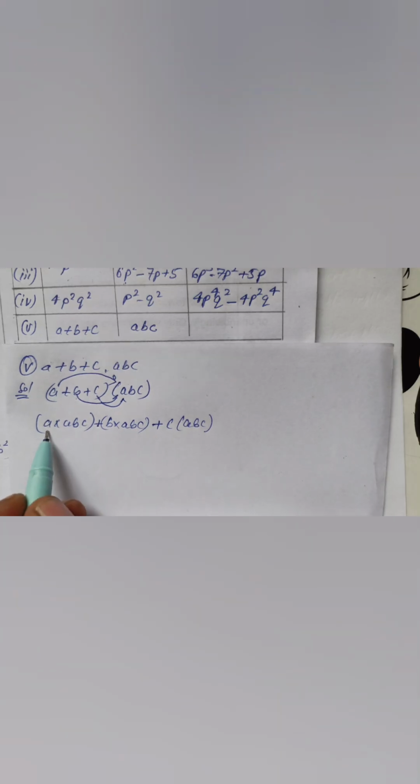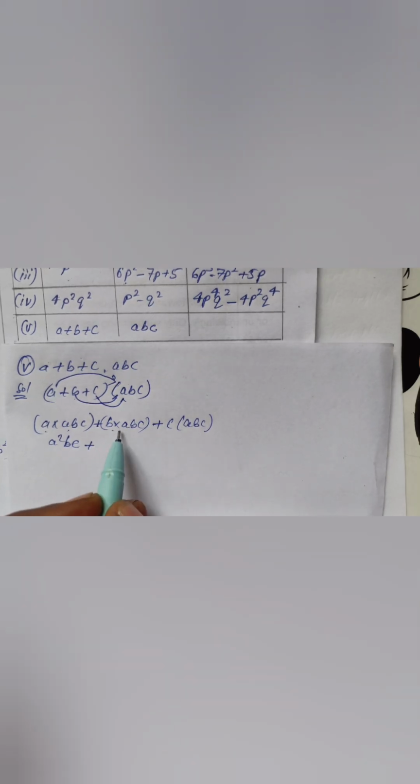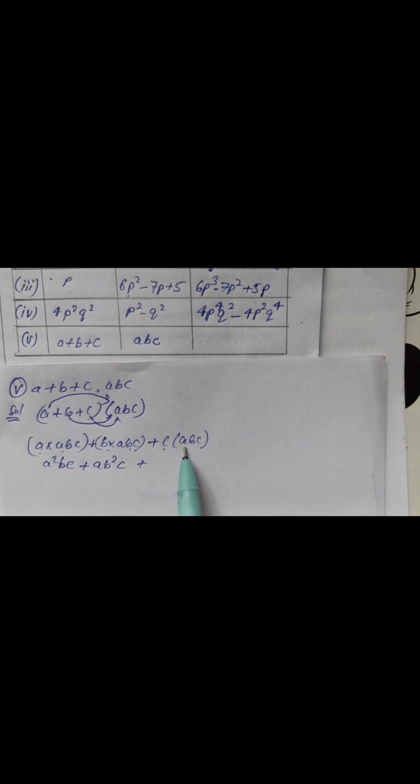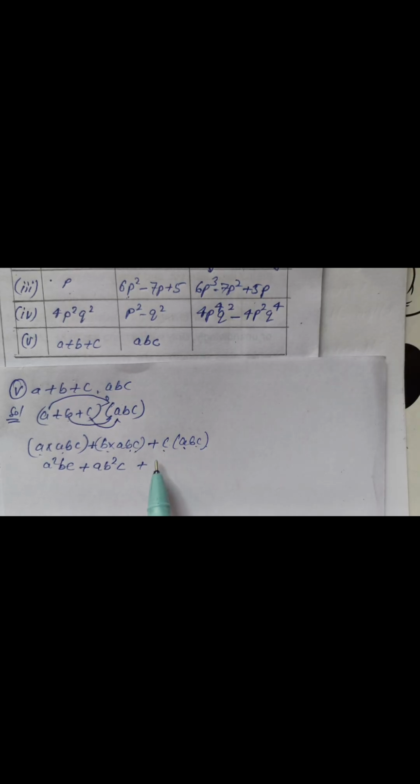Now we can write it as a into a is a square, bc as it is, plus as it is, b into b is ab square c, a as it is we need to write here, c into abc. So there is no ab here, so we can write ab directly. c into c is c square.